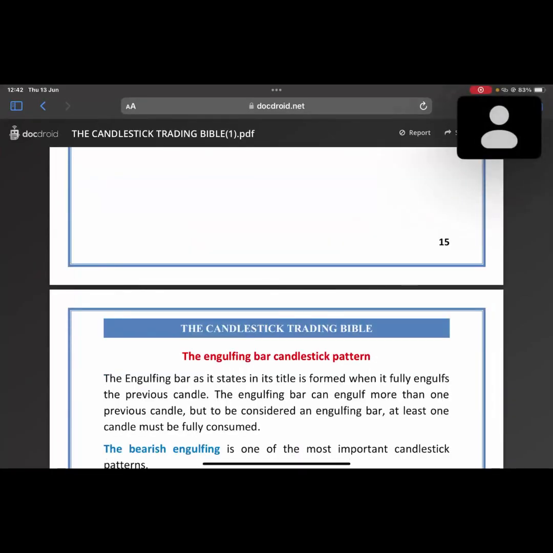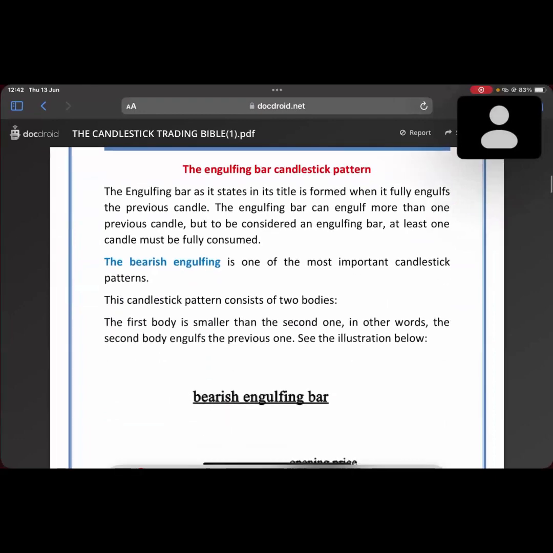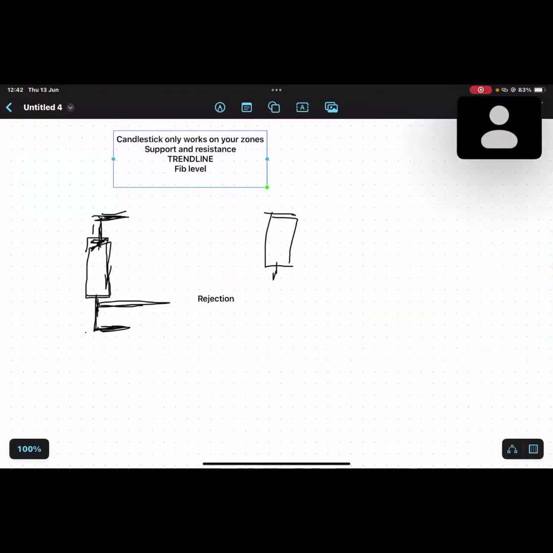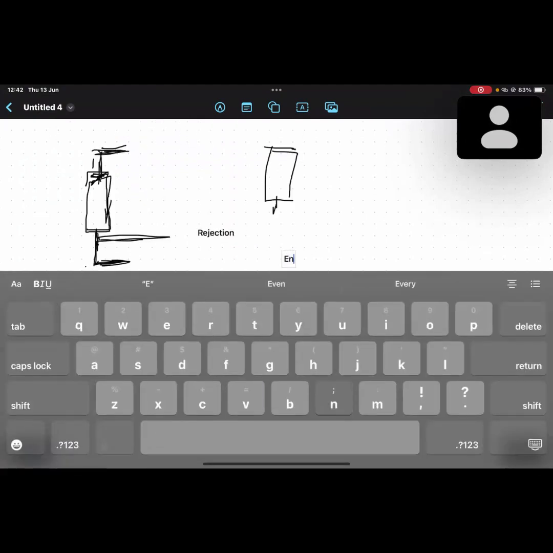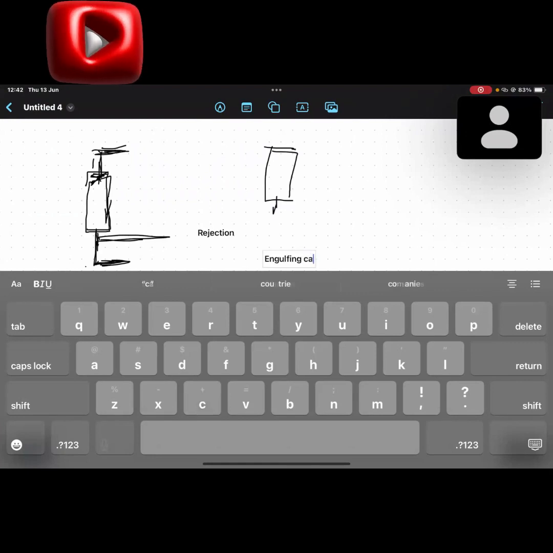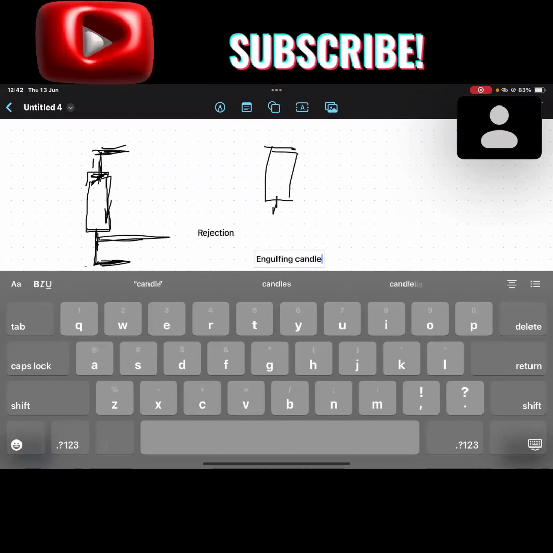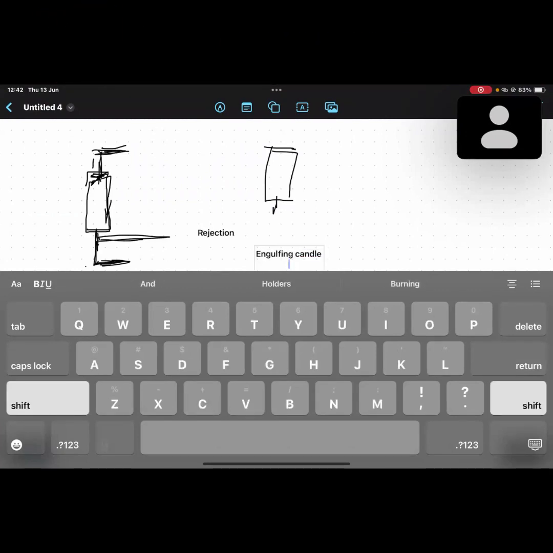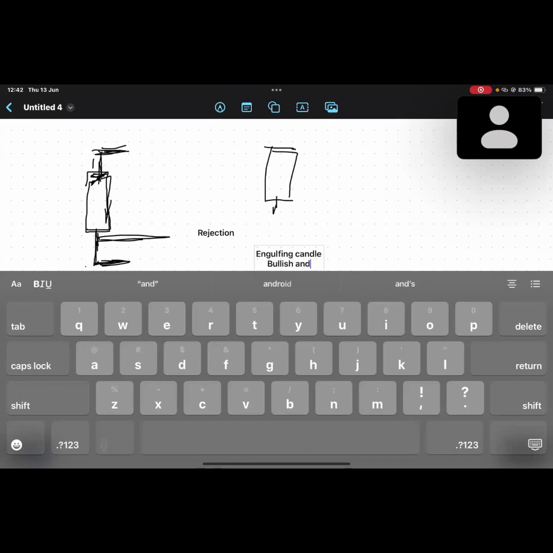We have the bullish and the bearish engulfing.